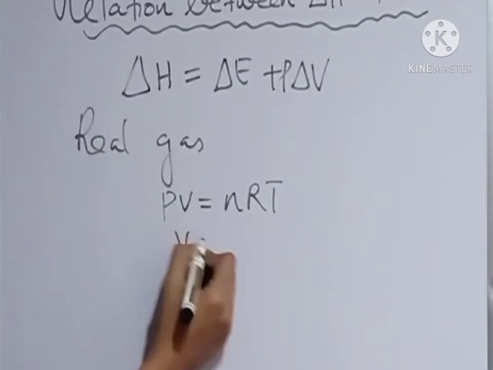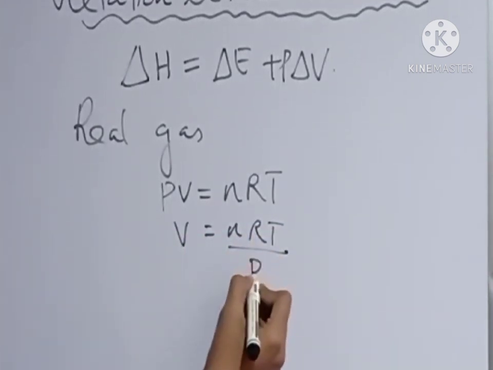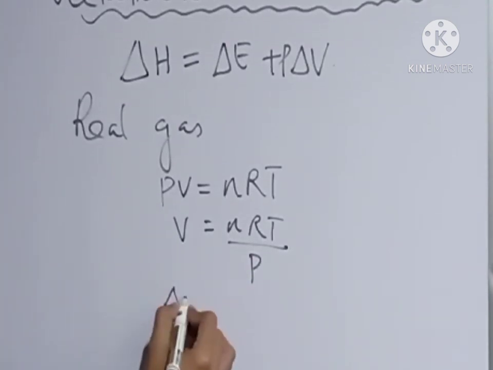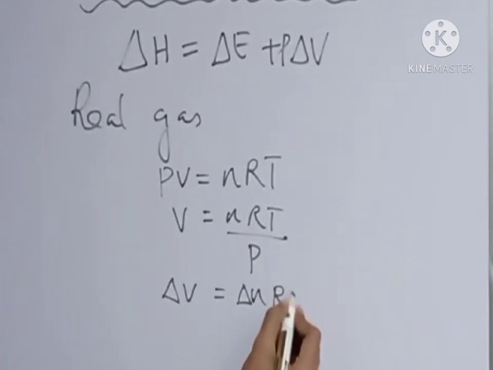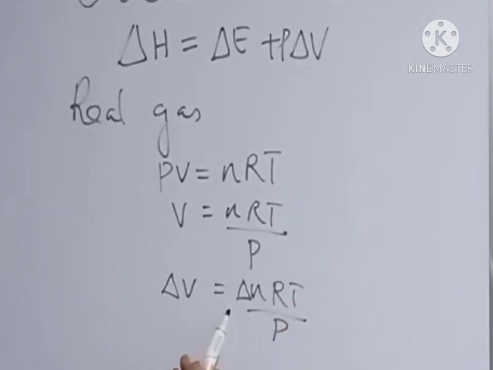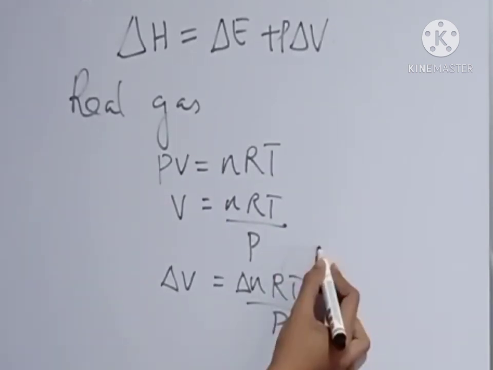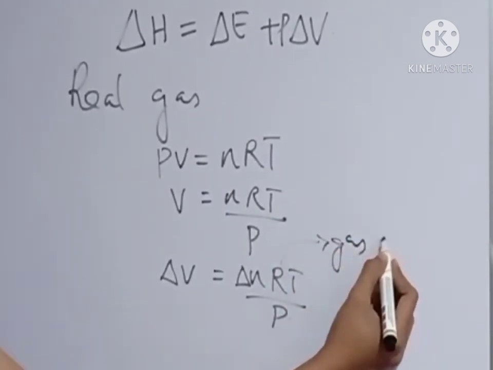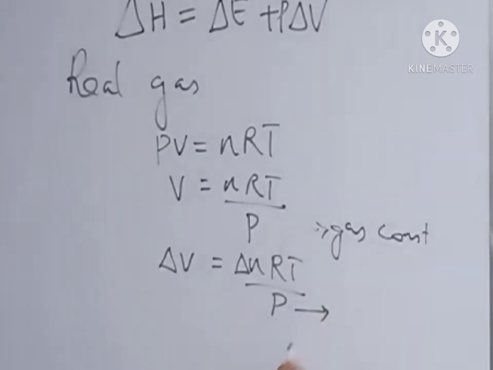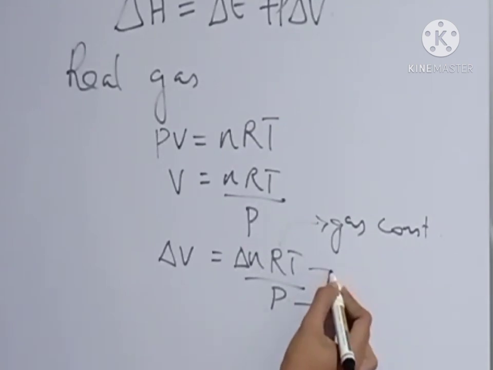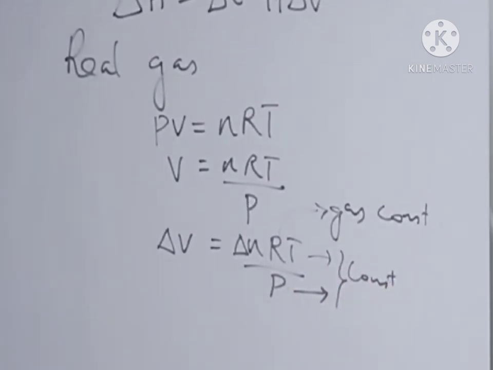So V equal to nRT divided by P, and we can write delta V as delta n RT divided by P. The delta is applicable only for n since R is the gas constant, and we are considering this system at constant pressure and constant temperature, so these terms are constant.